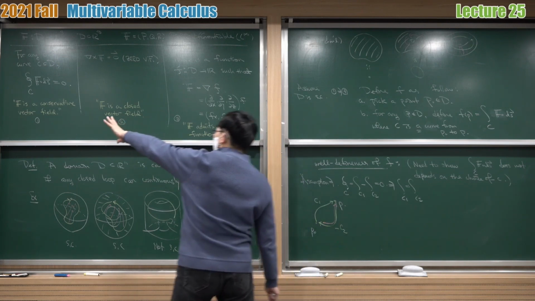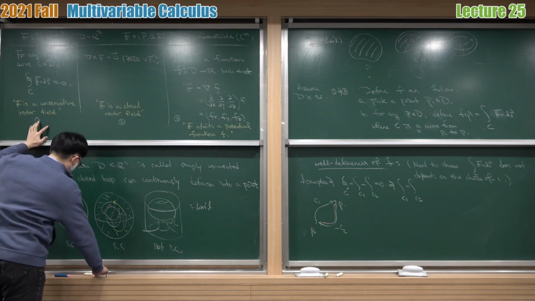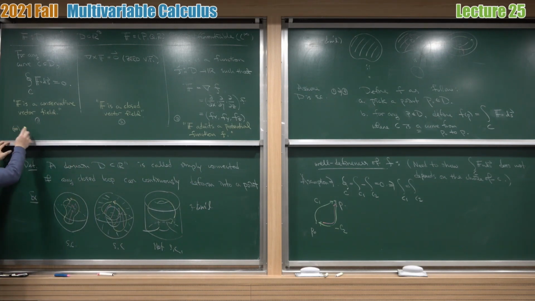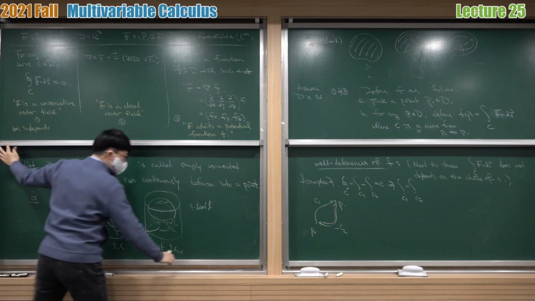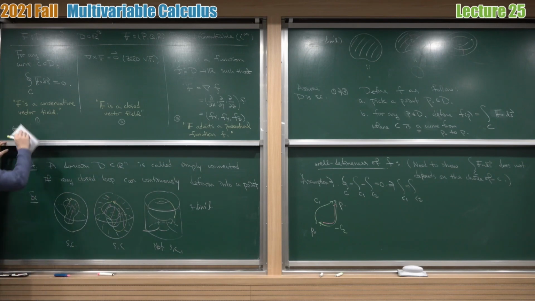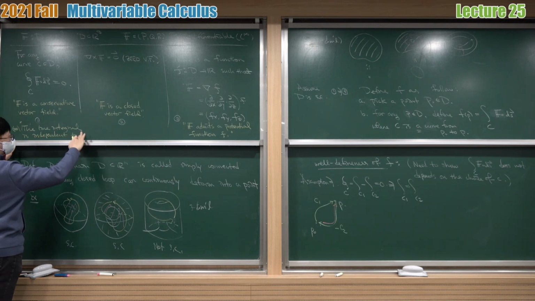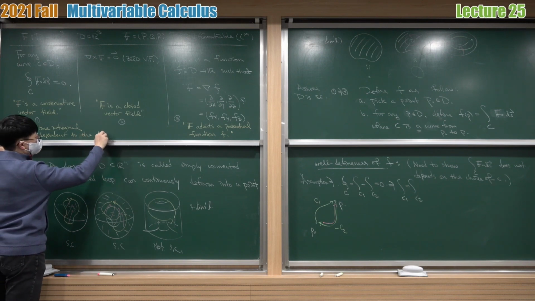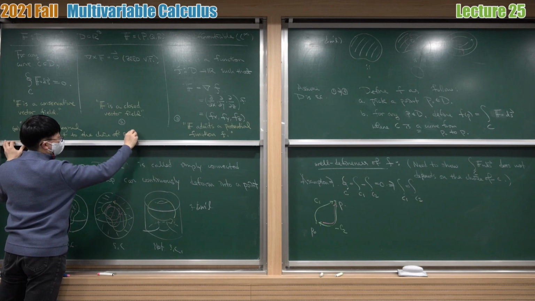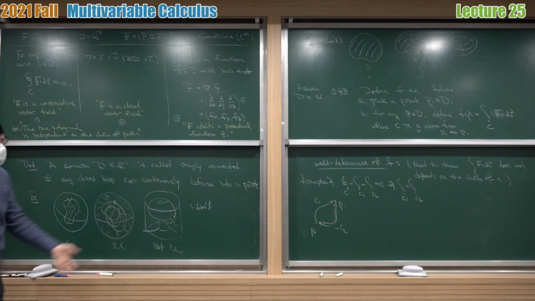So this actually equals: the line integral is independent of the choice of path. Okay? So I'm going to use that fact.